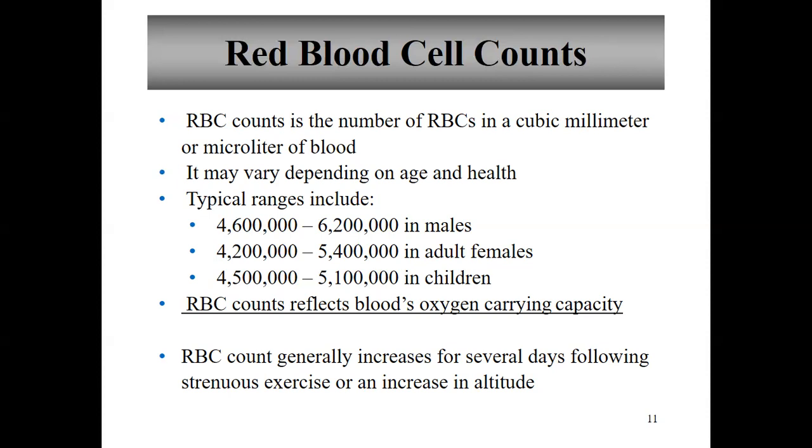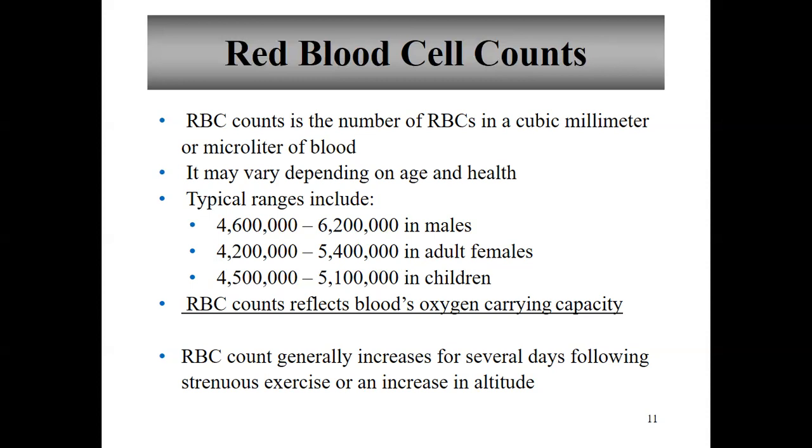A red blood cell count specifically will count the number of RBCs in a cubic millimeter or a microliter of blood. So remember I said they take a drop of blood and put it on a microscope slide. It's a particular microscope slide that has these spaces etched in the slide.